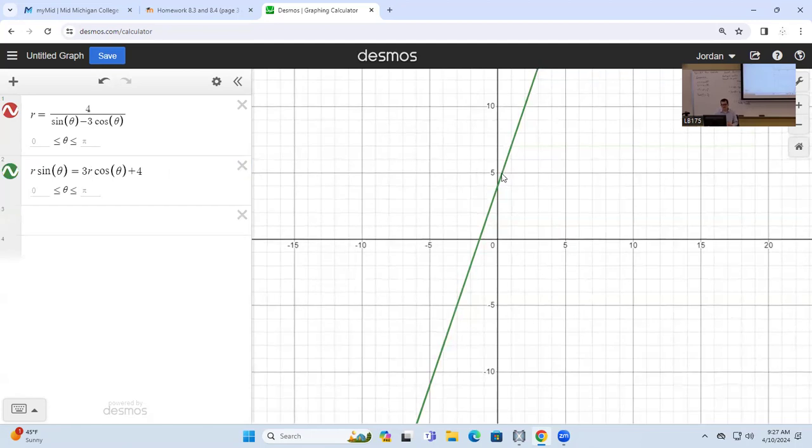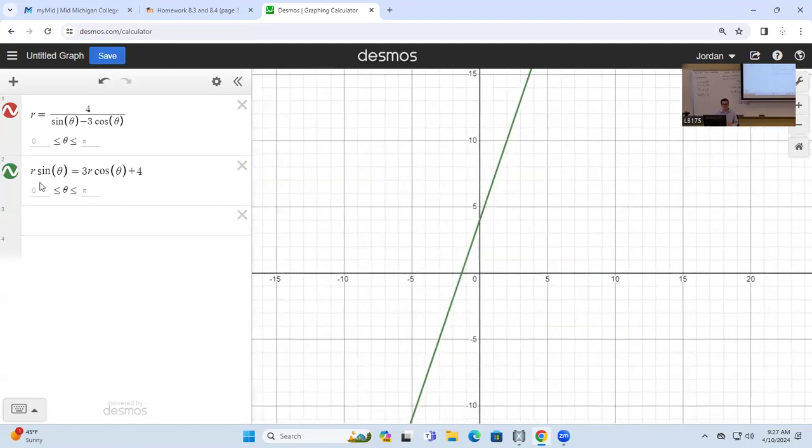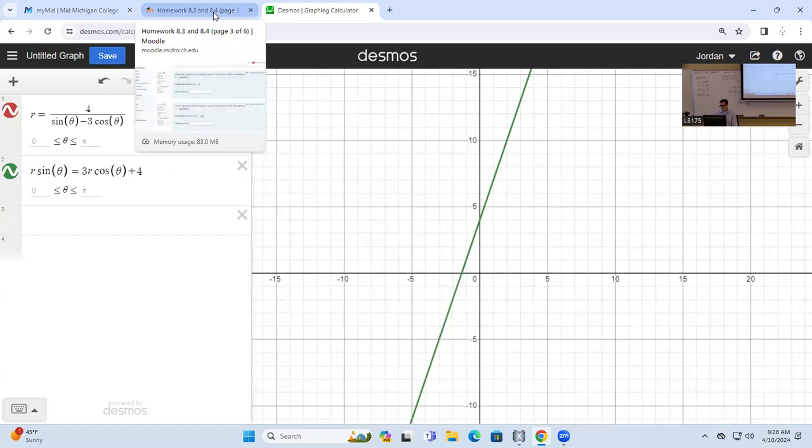Notice you get that line too. So Desmos can graph even if it's not solved for r. On your calculator, you have to solve it for r to be able to graph it. Okay. Does that make sense? So that's the deal.